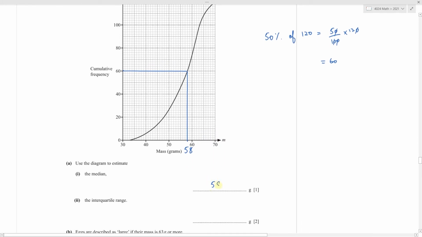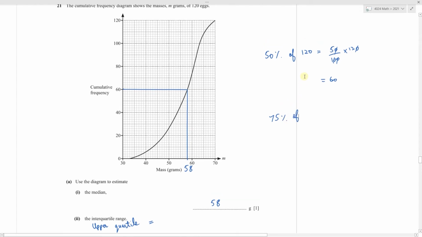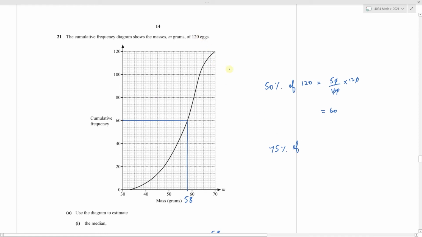So 58. Part B is the interquartile range. So interquartile range is the upper quartile minus the lower quartile. So let's find those first. Upper quartile is at 75% of your total frequency, which is 120.